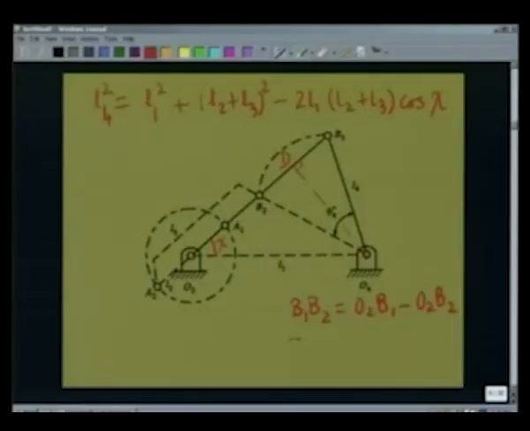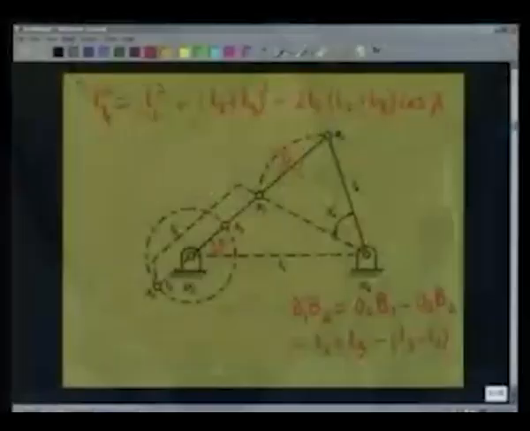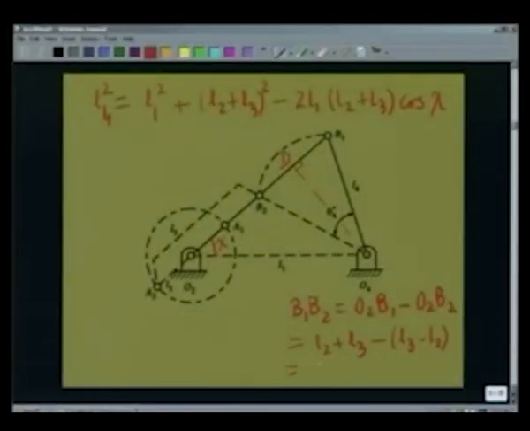Now, link length O2B1 is L2 plus L3. Minus O2B2, where A2B2 is L3 and O2A2 is L2, so this is L3 minus L2. So, we get 2 L2. So, B1B2 is 2 L2.